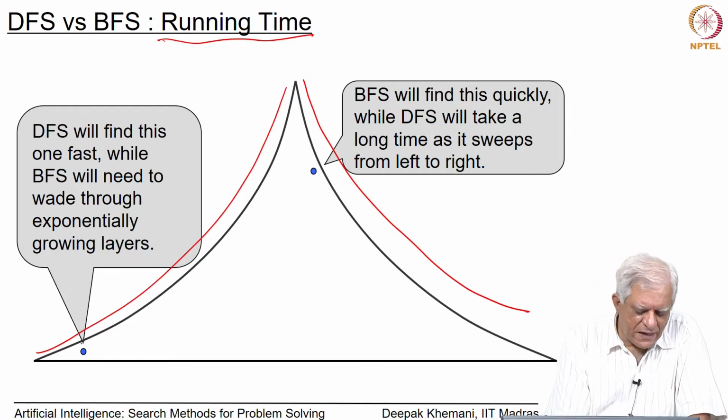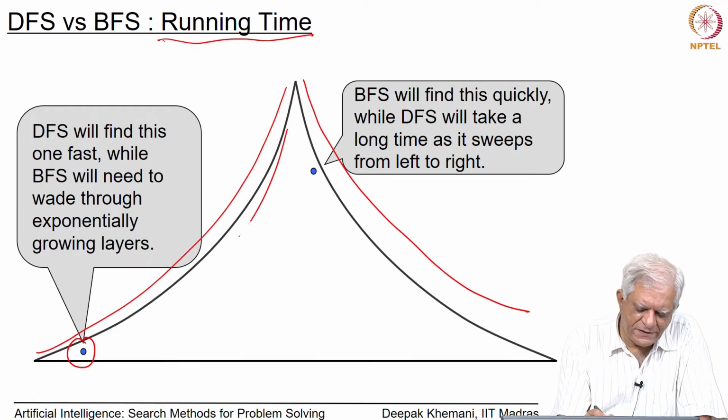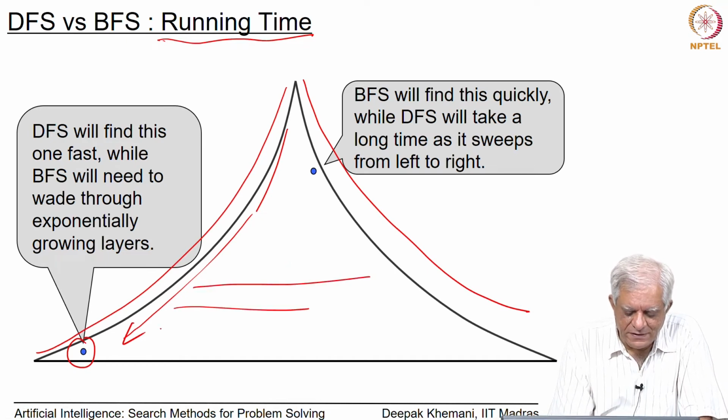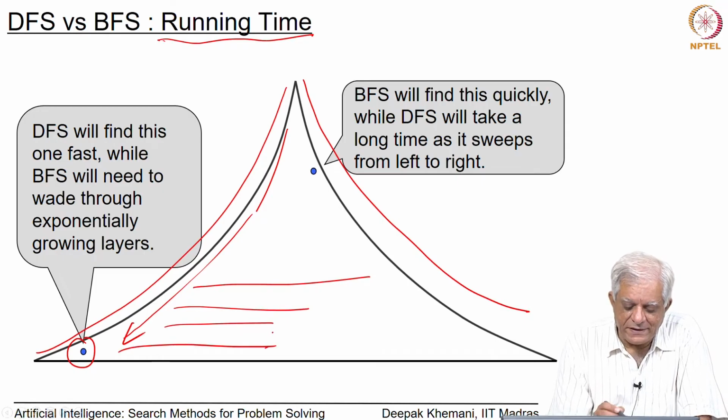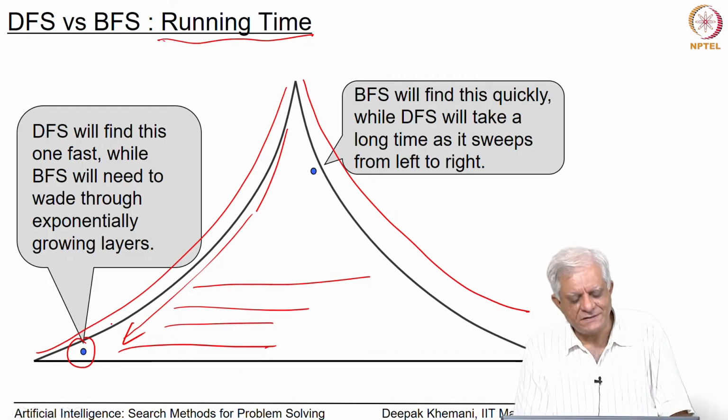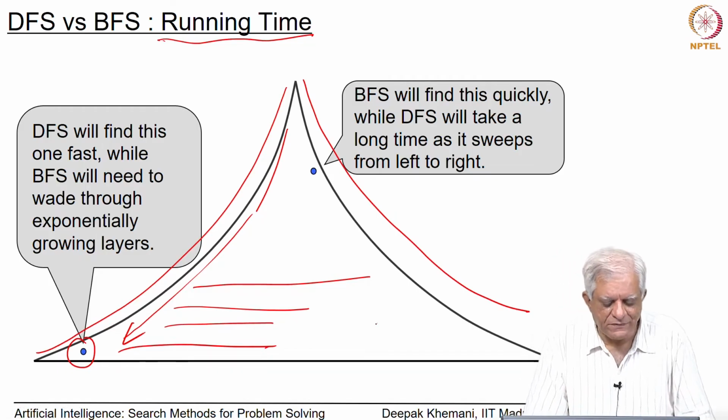Now, if the goal node happens to be here, because depth first search dives into the search tree at some early point, it will find this goal and terminate much faster, whereas breadth first search would have gone down slowly level by level, eventually coming here and here and here and here, and then finding this goal node. So, if the goal node happens to be along the paths that depth first dives into, it will terminate faster.